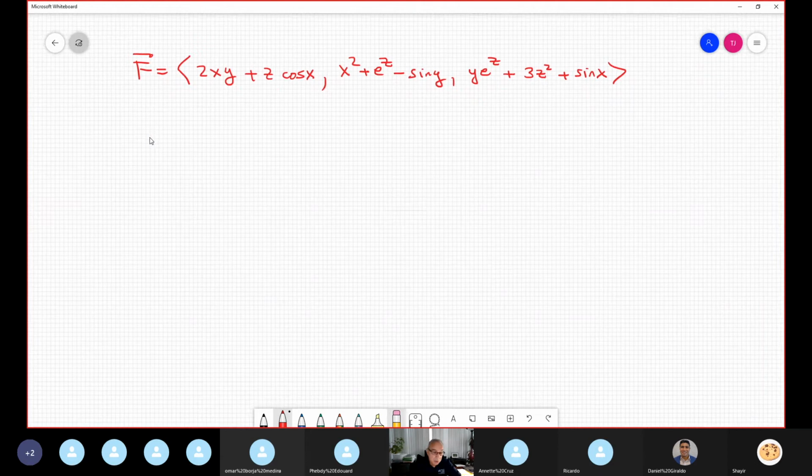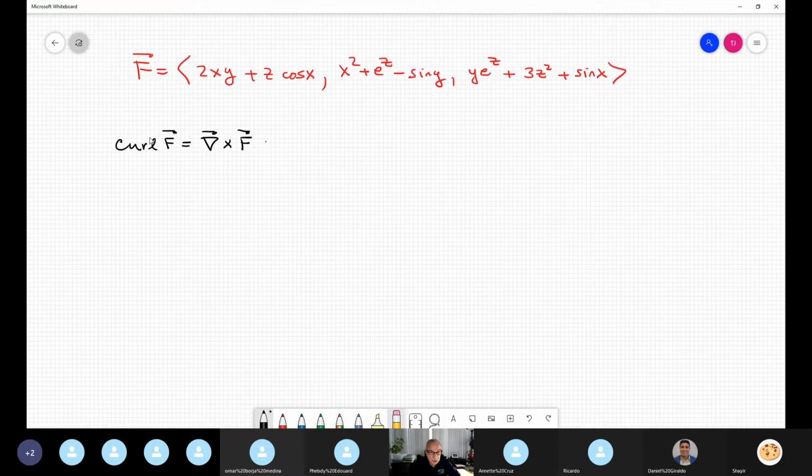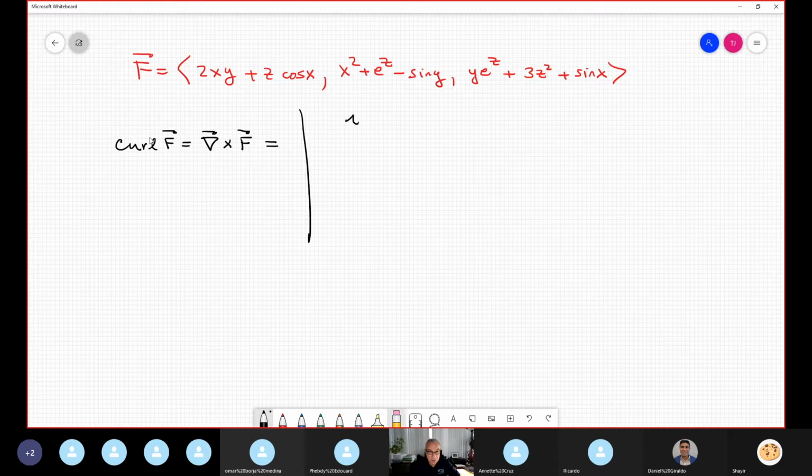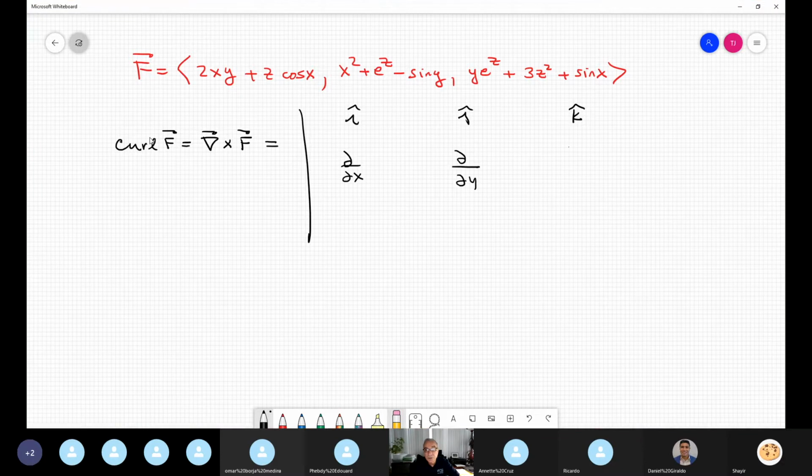Compute the curl. Okay, let's do it. But the curl in 3D is different. The curl in 3D, remember, is equivalent to nabla cross f, like a cross product, because in 3D the curl is a vector. So you put it here like i, j, k. 2D is easy, 3D is a little bit more complicated. And the symbolic nabla, remember, is partial with respect to x, partial with respect to y, partial with respect to z.